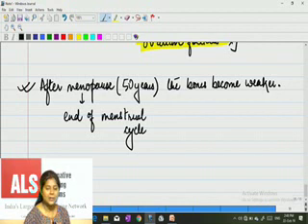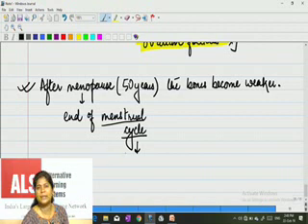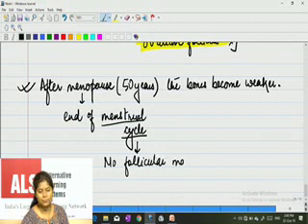Very good. Because the end of menstrual cycle remarks that there are no follicles left in the ovary for maturation. If there is no follicular maturation, that means there is no estrogen.